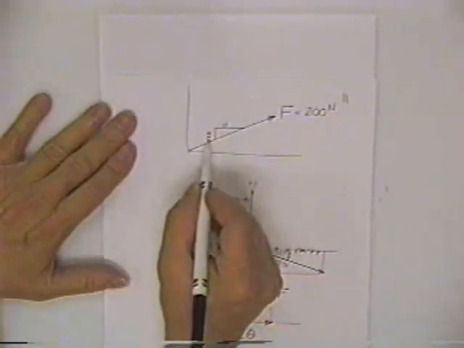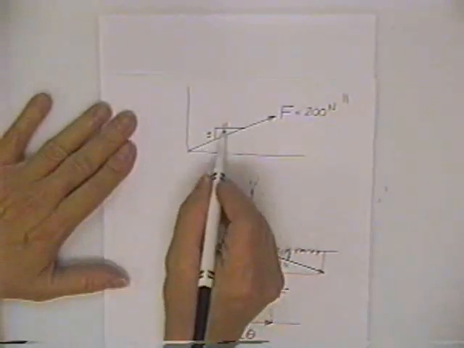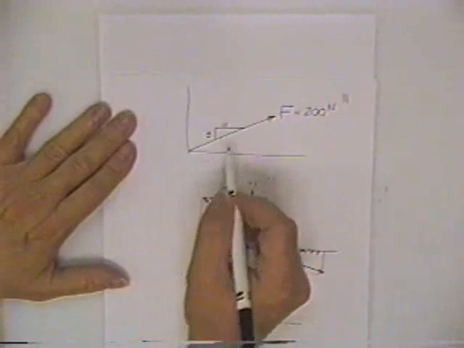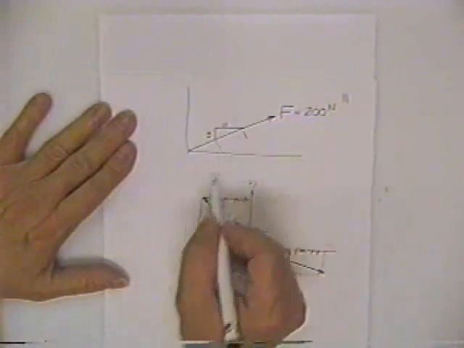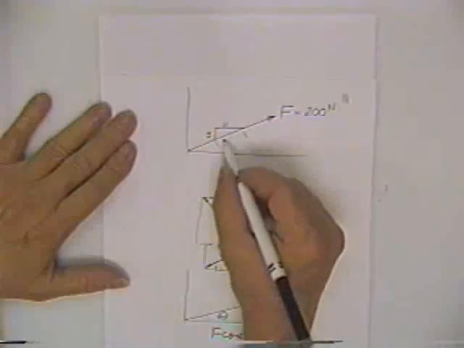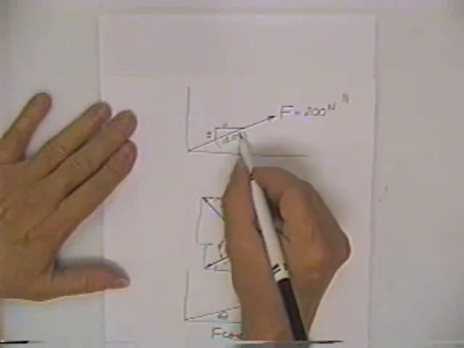Then I would take 5 squared plus 11 squared. Take a square root to find out how long this piece right here is: 12.08.